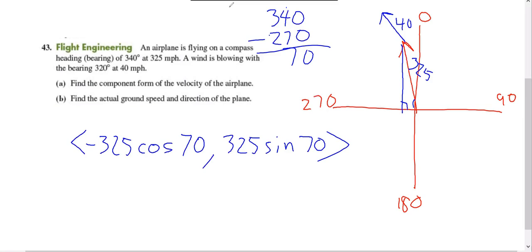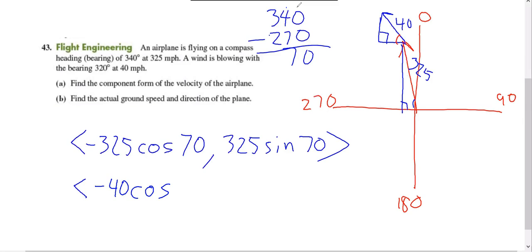That's a little bit exaggerated. If you think about that little triangle right there, it's got an x and a y value. It's got a negative x and a positive y, so that would be negative 40 cosine.